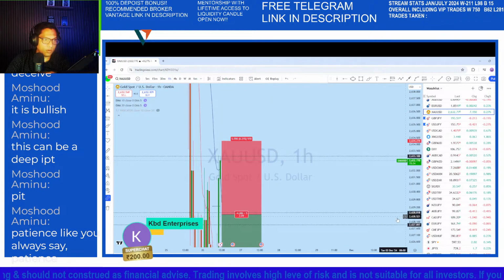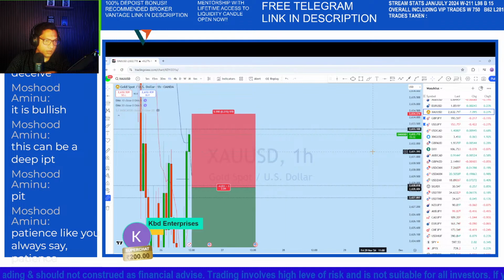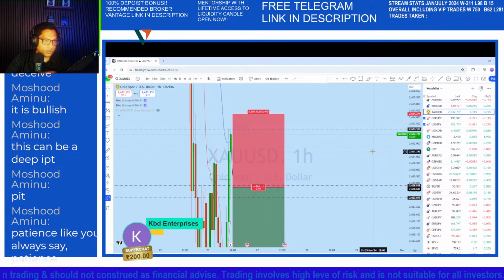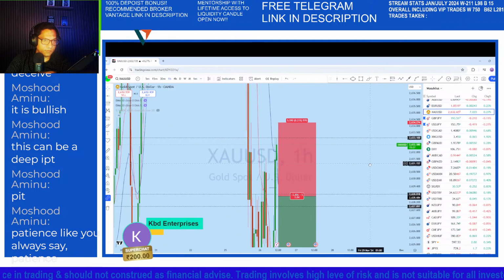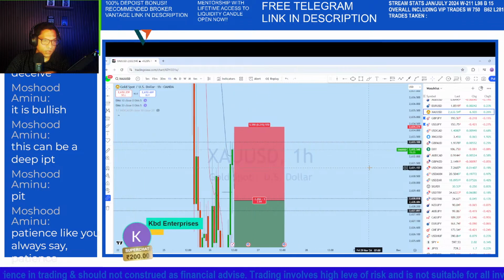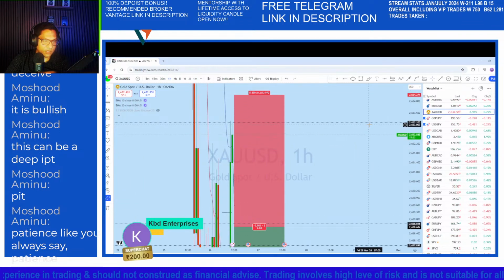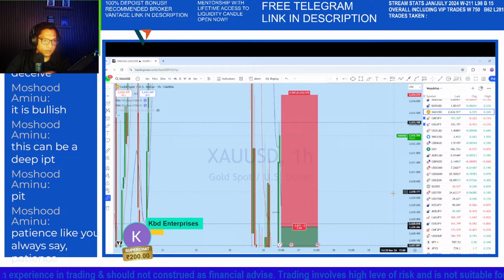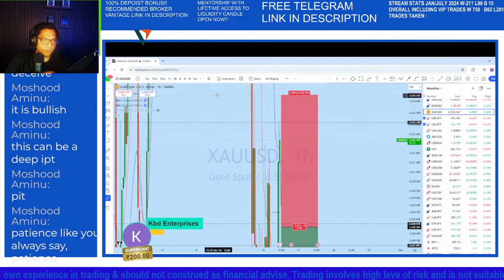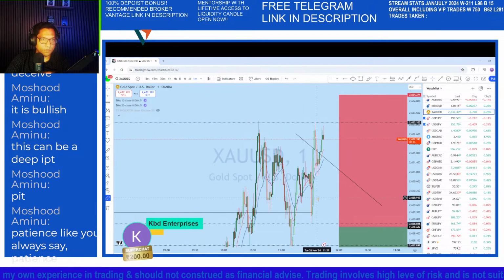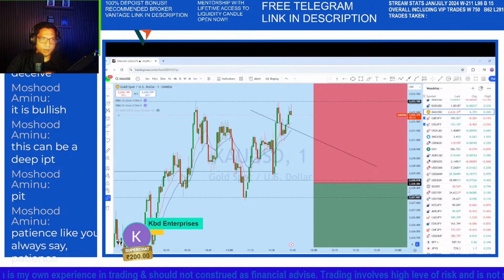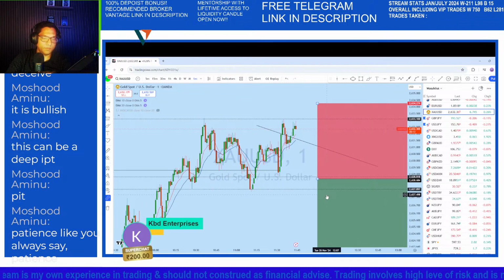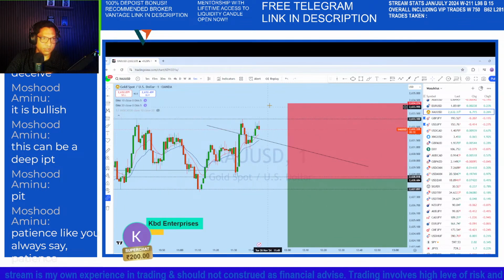Looking at the 1 hour price action, what kind of candlestick pattern has it formed? It's important to see whether this market will reach that top level where there is a resistance.